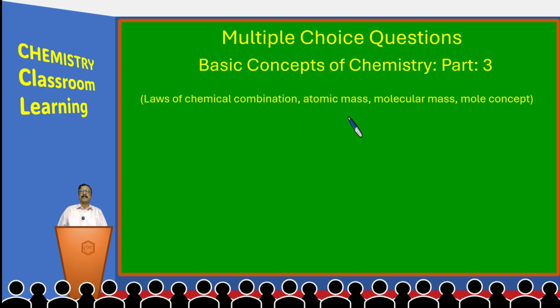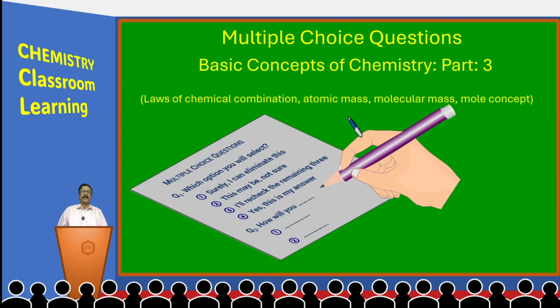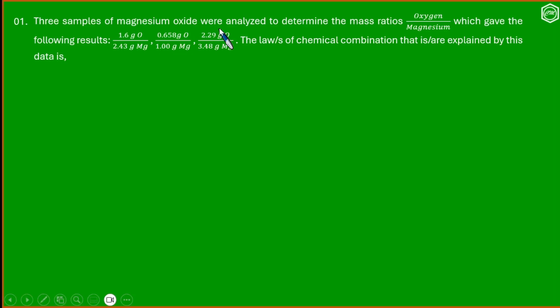Let us work out some multiple choice questions and numerical questions based on the topics we have studied under part 3, that is laws of chemical combination, atomic mass, molecular mass, mole concept, etc. Three samples of magnesium oxide were analyzed to determine the mass ratios oxygen by magnesium, which gave the following result: 1.6 gram oxygen upon 2.43 gram magnesium, 0.658 gram oxygen upon 1 gram magnesium, 2.29 gram oxygen upon 3.48 gram magnesium.